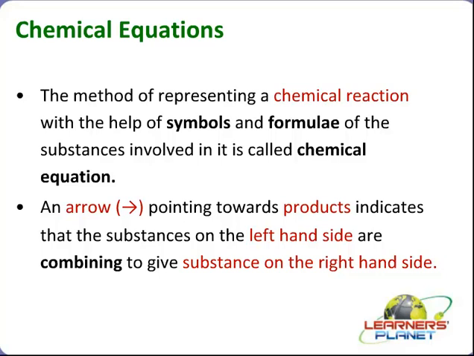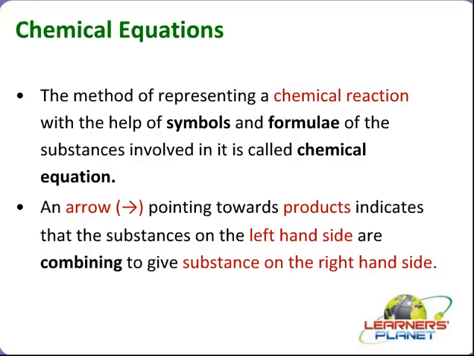So let's see how we can write a chemical equation, or what a chemical equation is. A chemical equation is the method of representing a chemical reaction with the help of symbols and formulae of the substances involved in it.